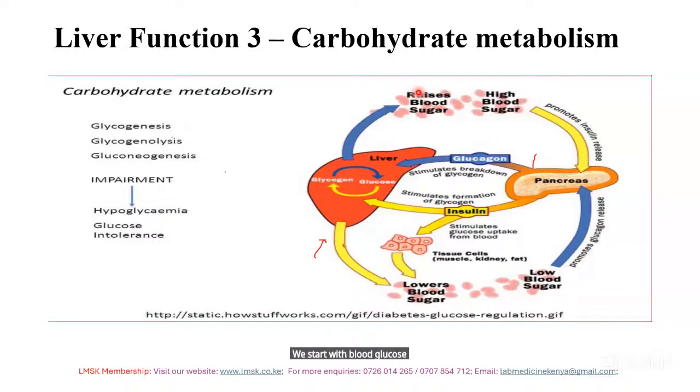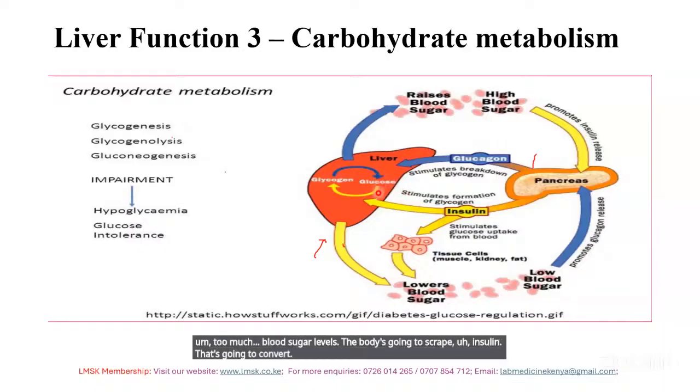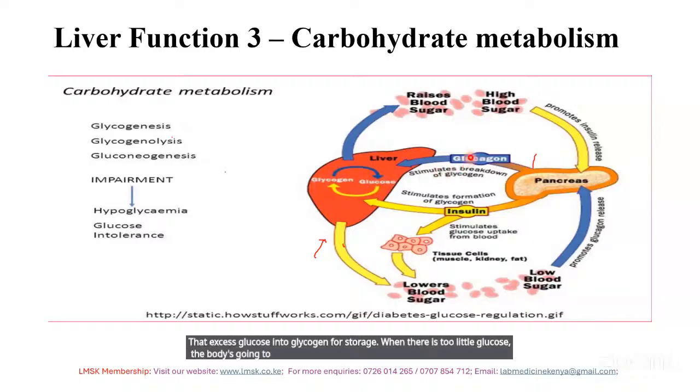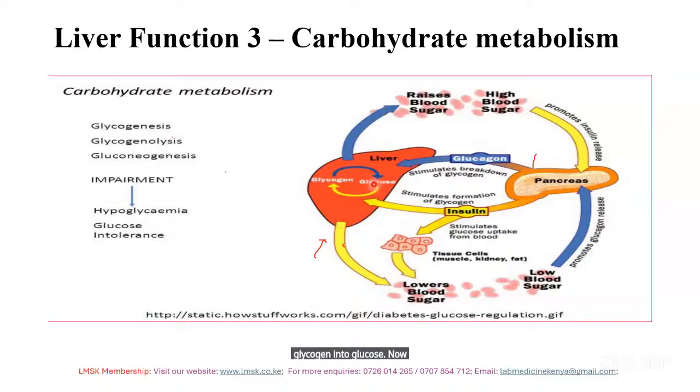In case there is too much blood sugar, the body is going to secrete insulin that's going to convert that excess glucose into glycogen for storage. When there is too little glucose, the body is going to secrete glucagon, which is going to convert glycogen into glucose for use in energy synthesis.